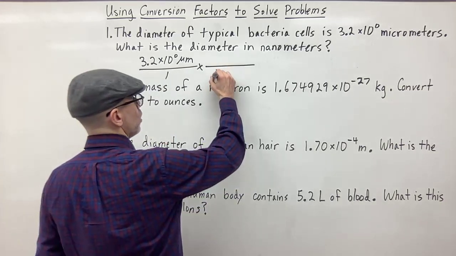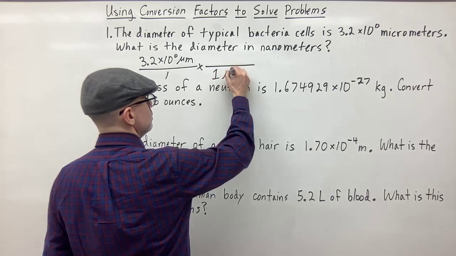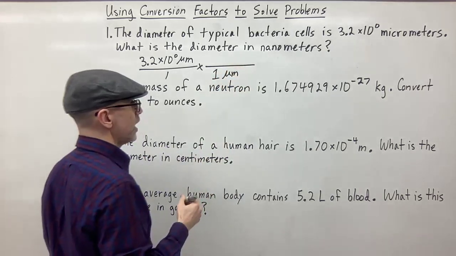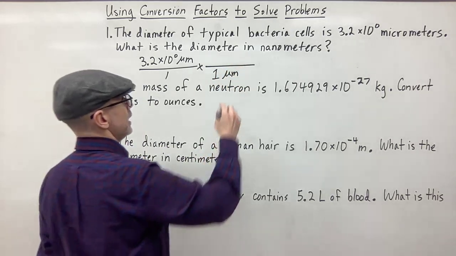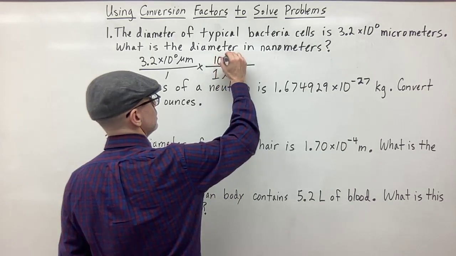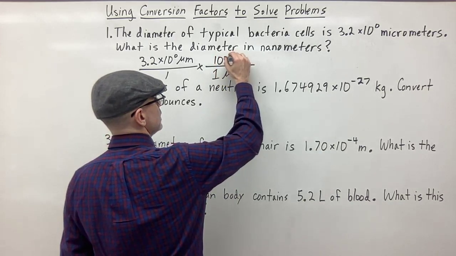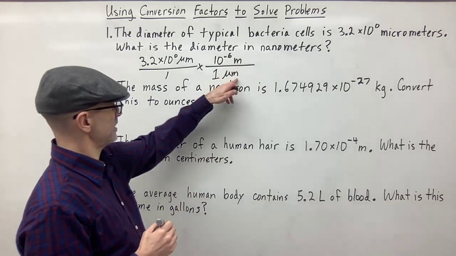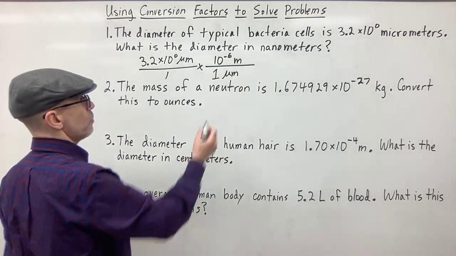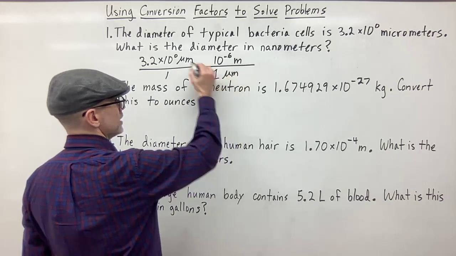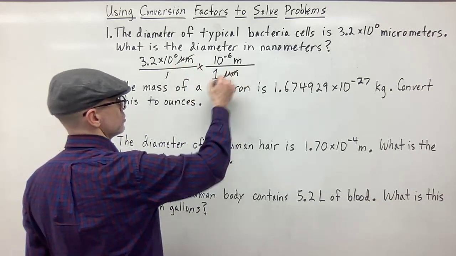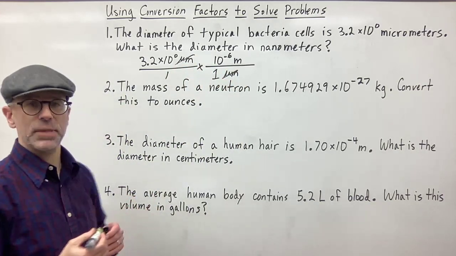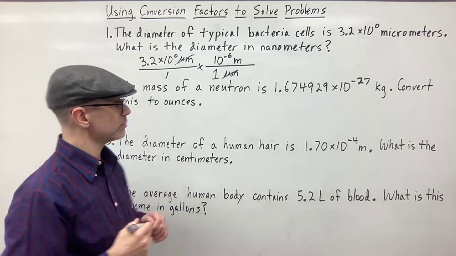I'm going to put 1 micrometer on the bottom, and 10 to the negative 6 meters on the top. So micrometers cancels out, and now I have meters on top.